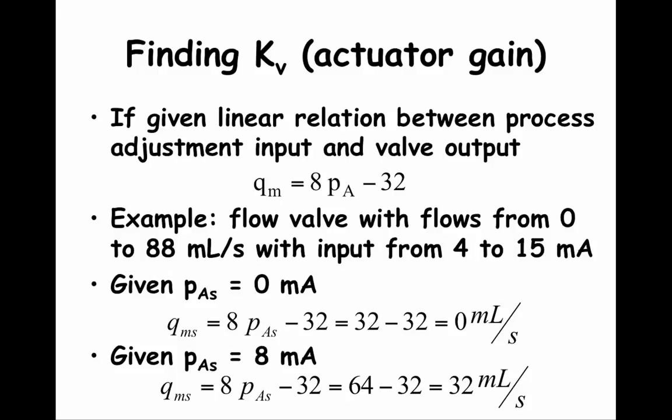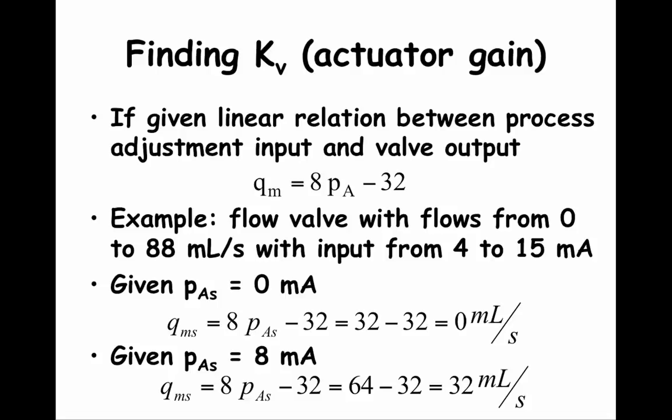One of the things that you need to be able to do is find the actuator gain kV. The problems in this course use both electrical control signals and pneumatic control signals. Newer processes are using electrical and digital control signals, but you may work with equipment that uses pneumatic control signals.